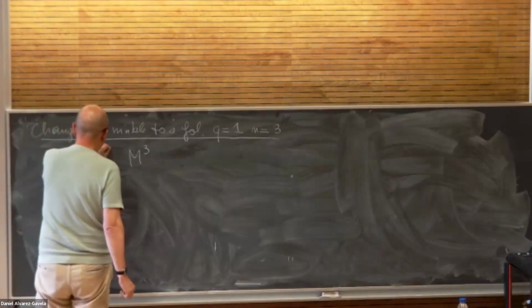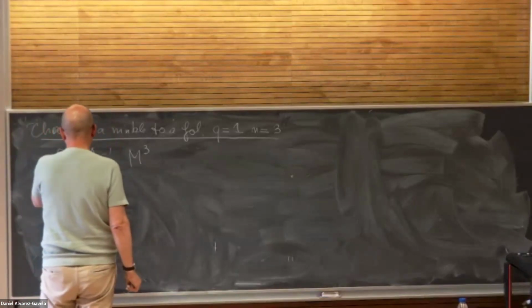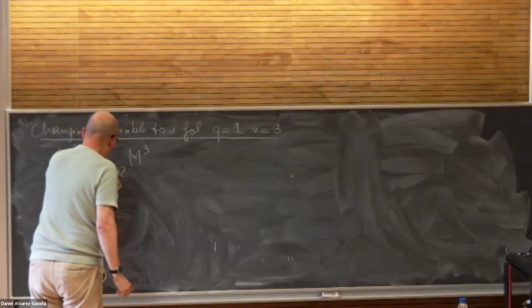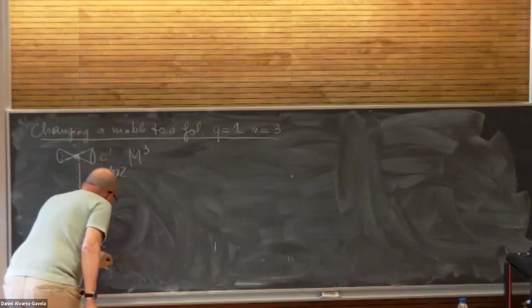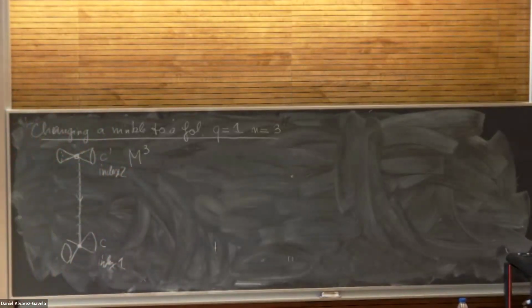The C prime above and C below. I think of the case where C prime is of index 2, and where C is of index 1. If it is 1 and 0 or 3 and 2, then it is easier.